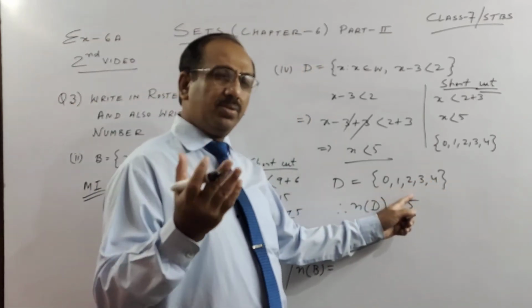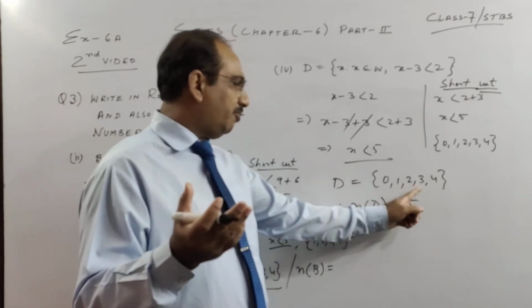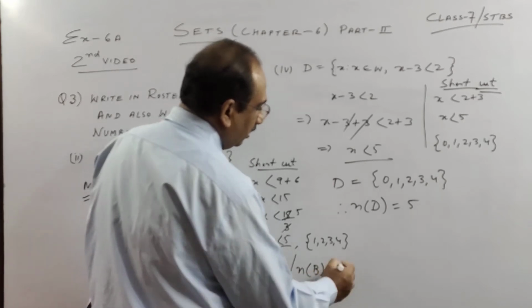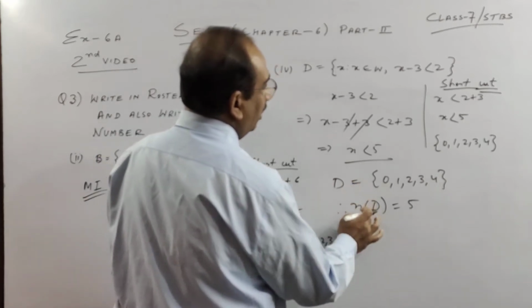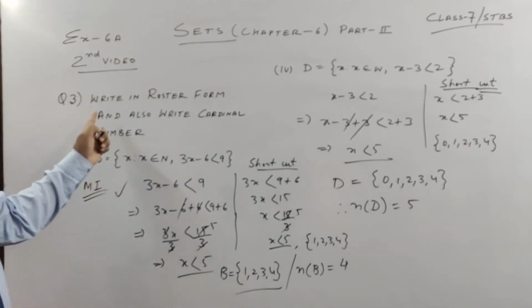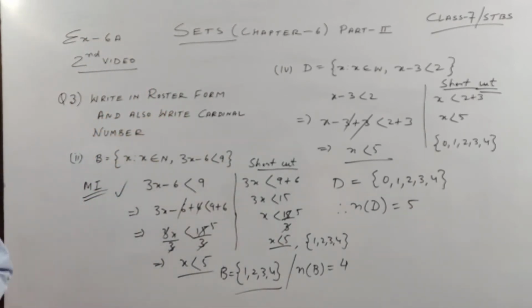It could be cat, bat, rat, or A, B, C, D, E. So there are 5 elements. In the same way, in set B the number of elements is 4. The number of elements in set D is 5. This question is asking to write in roster form as well as find the cardinal number. Pause the video and copy.